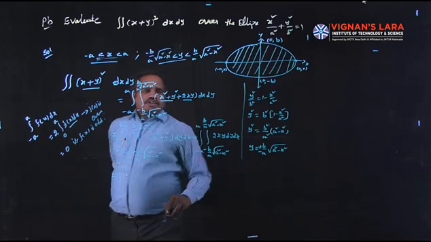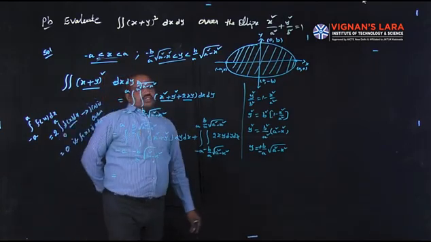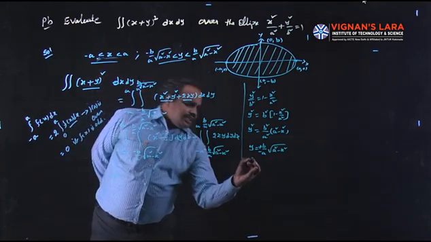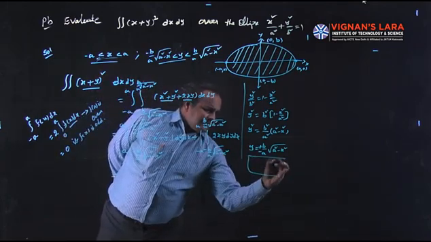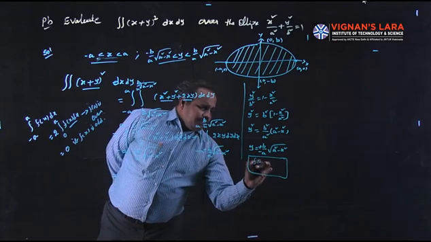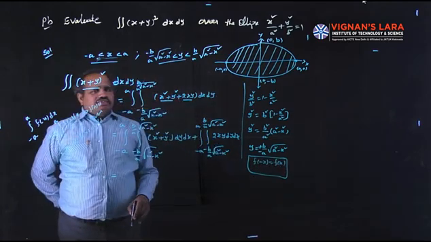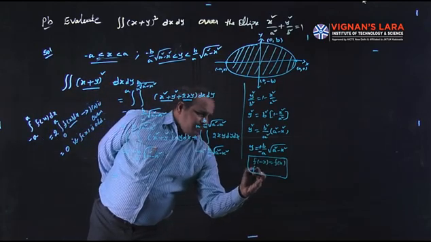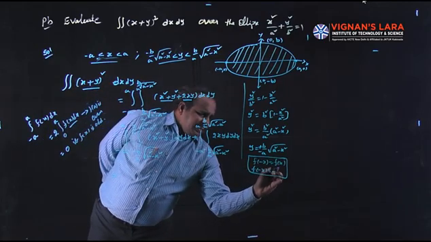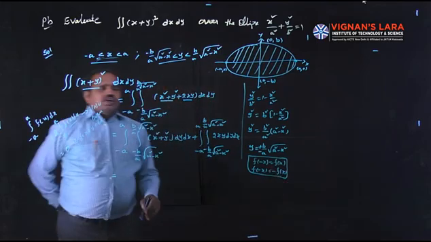What is the meaning of even function and odd function? Even function means f of minus x is equal to f of x, then that function is called an even function. If f of minus x is equal to minus f of x, then this function is called an odd function.